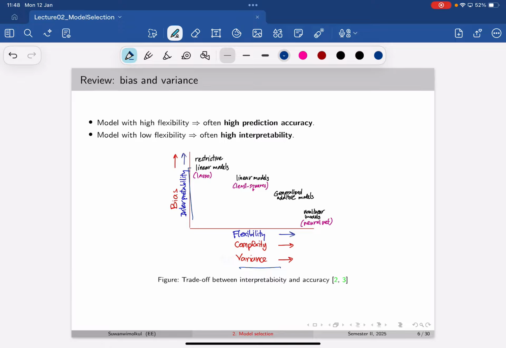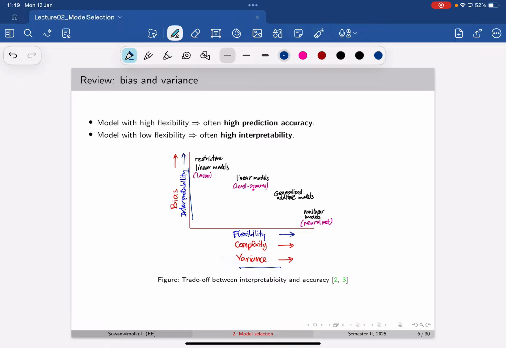That's the reason why it's flexible. It could be used on any weird behaviors of your data to capture those behaviors. But it could be very complicated, so it's hard to interpret what's going on inside. That's why these days we have special tools like Grad-CAM or some explainable AI to look at what's inside.